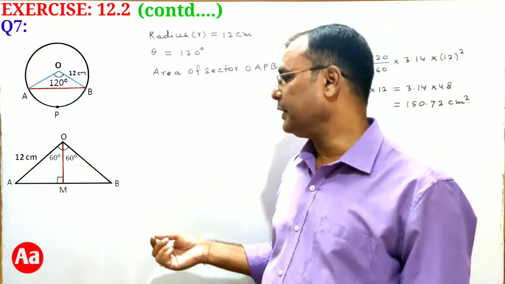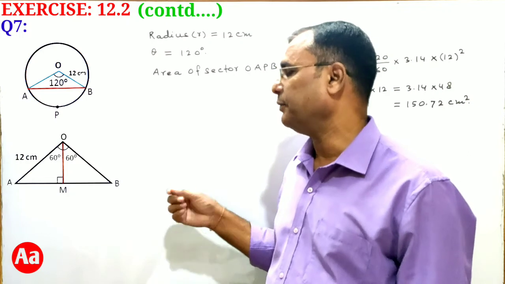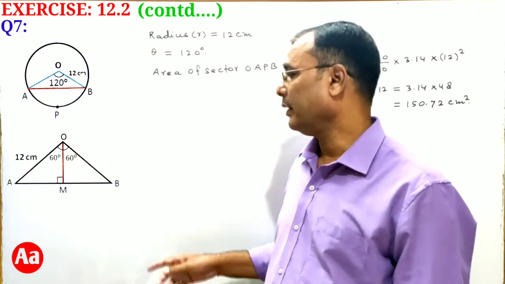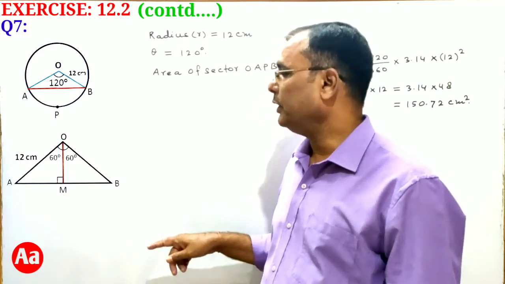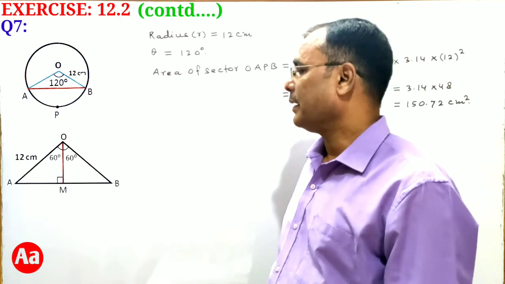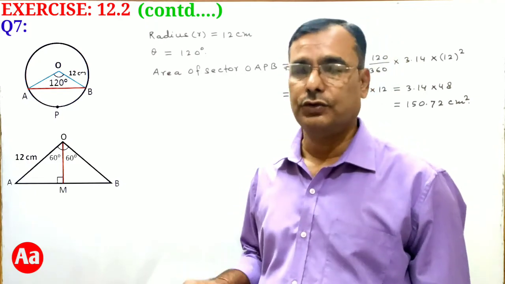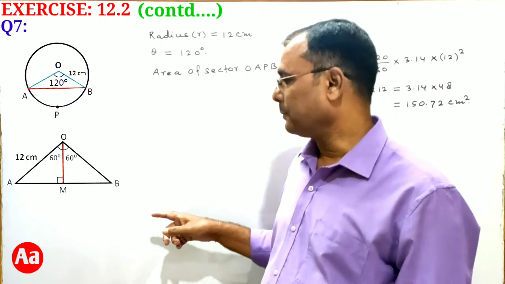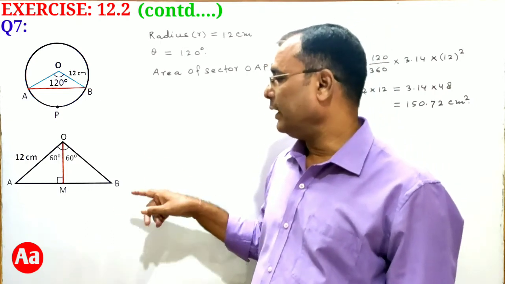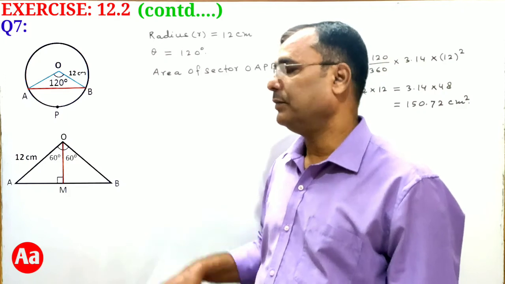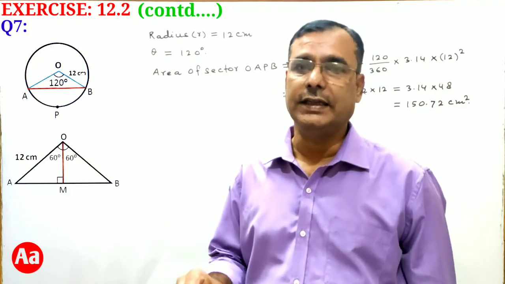So AB will be double of AM or double of BM. Also OM will bisect angle AOB, which is equal to 120 degrees. So therefore angle AOM or angle BOM will be equal to 60 degrees each.